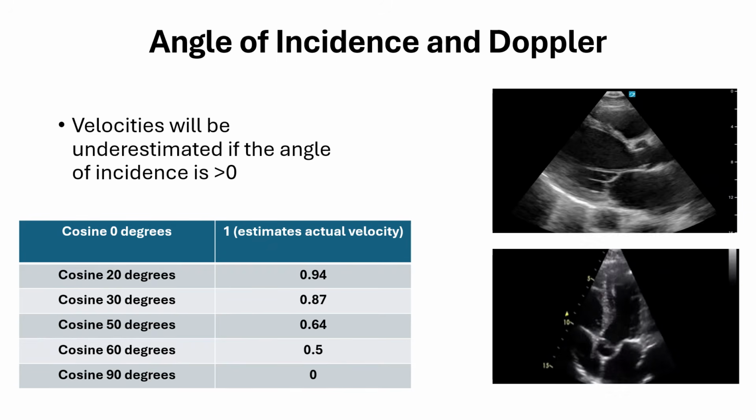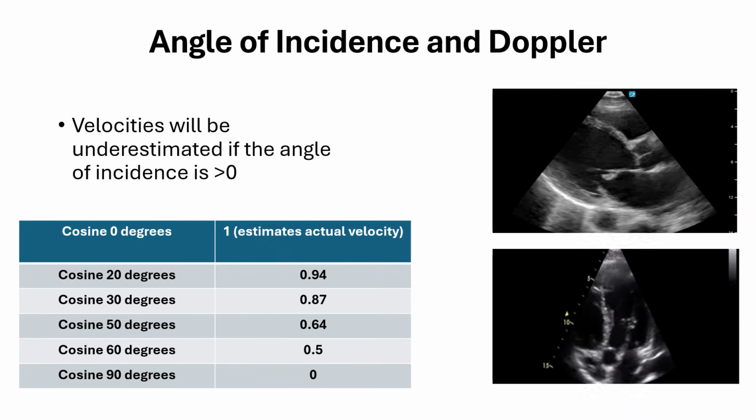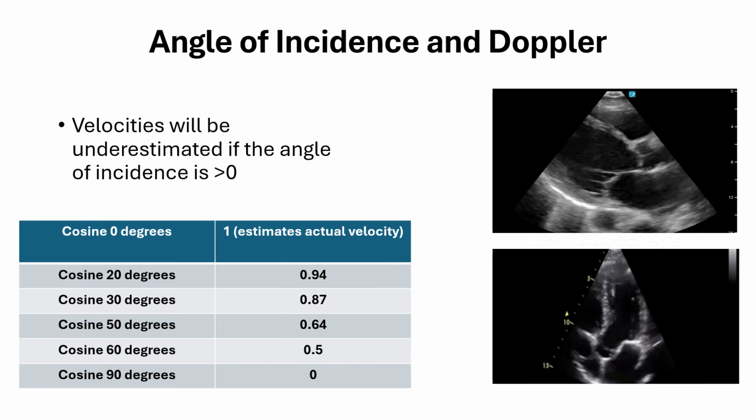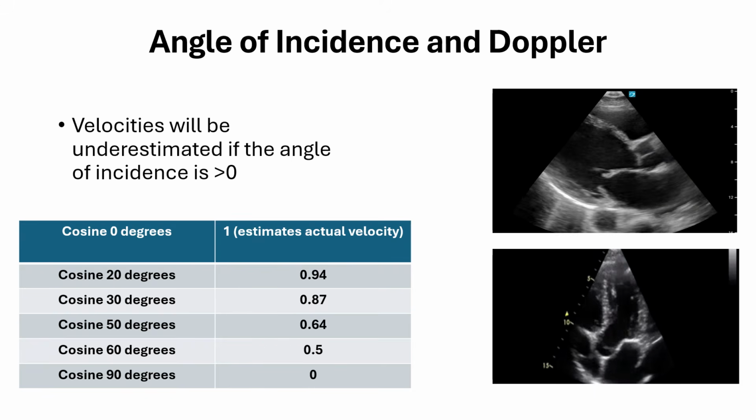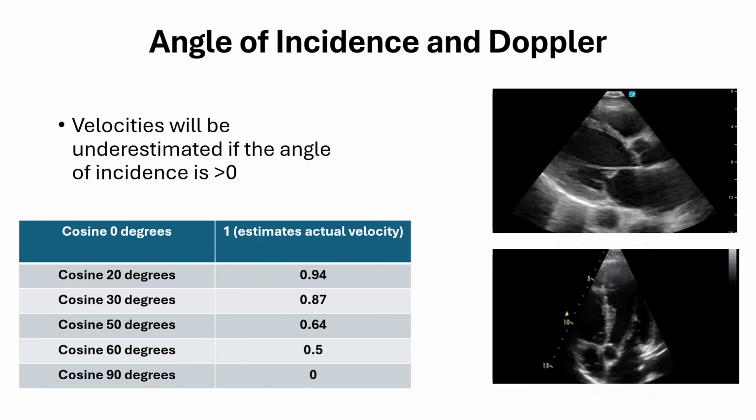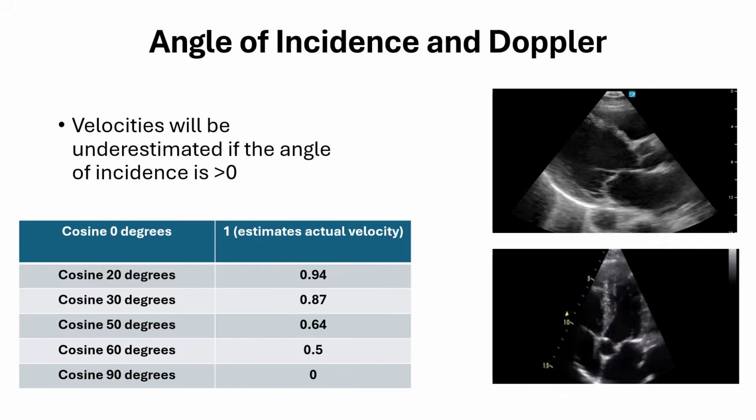Compare this to apical 5-chamber view shown on the bottom right, where you have very good Doppler angle alignment and where you will very unlikely significantly underestimate velocities either through the LVOT or aortic valve. Again, please pause the video if you need more time to review and understand this important concept.